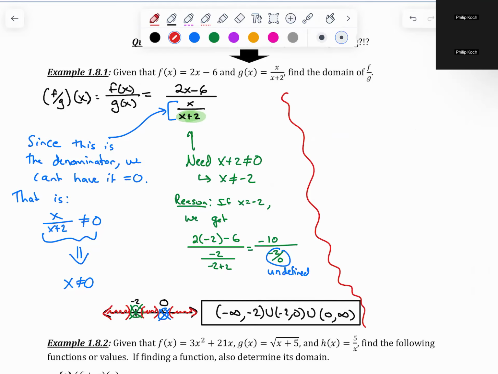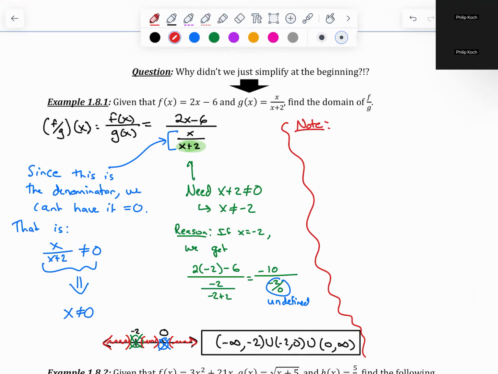So note, this is the answer to the question above. If we simplified first, we would get f divided by g of x equals, well, we're taking a numerator that's just a polynomial, and we're dividing it by a fraction.